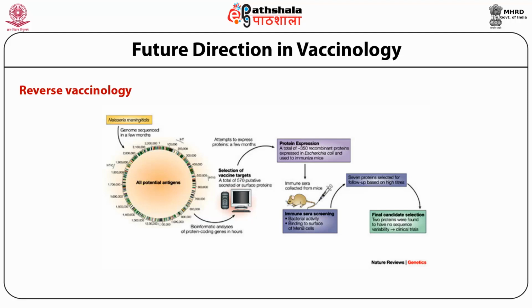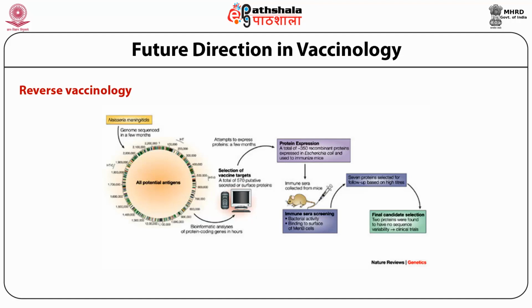So some of these approaches include reverse vaccinology. Reverse vaccinology is actually the opposite of the conventional approach, which goes from pathogenesis to vaccine, whereas in this case the vaccine development leads to understanding of the pathogen.